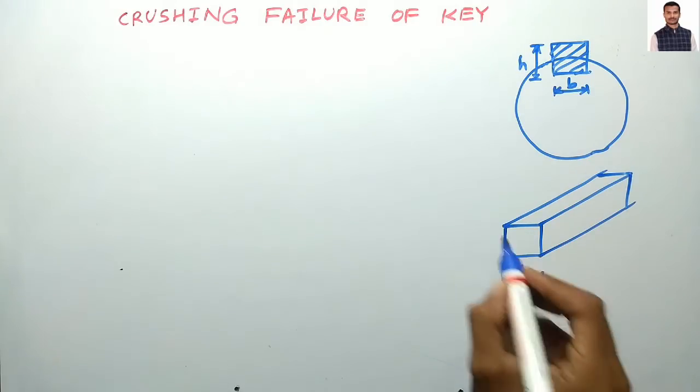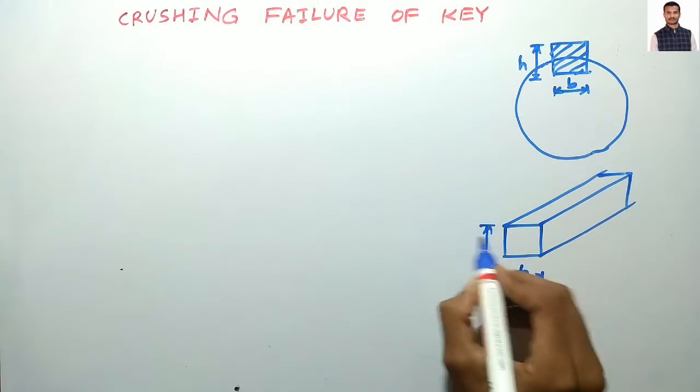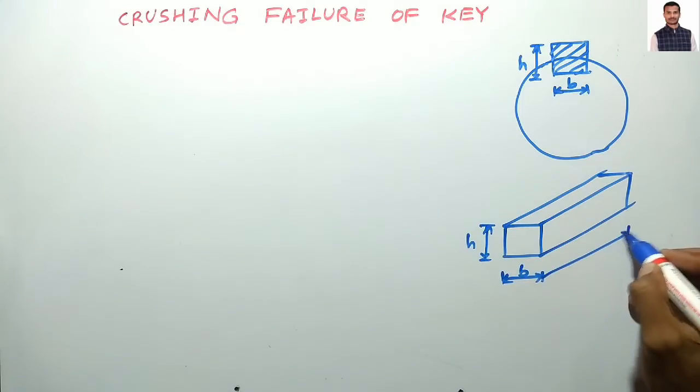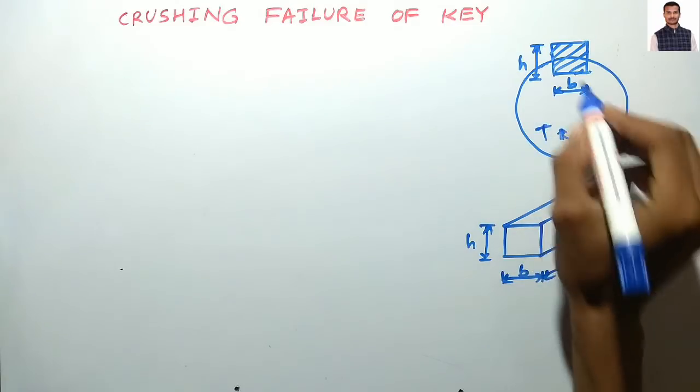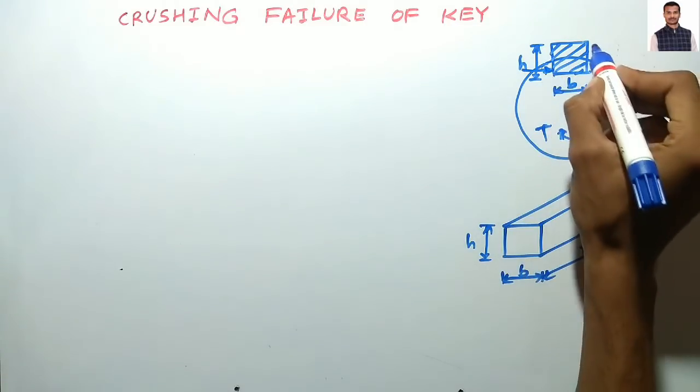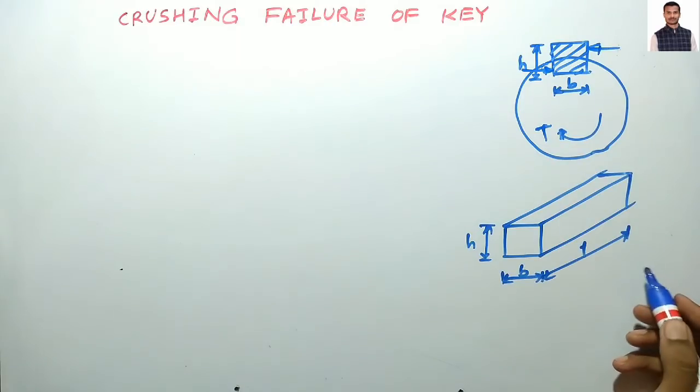So this is width of key B, this is height H, and this is length L. This is torque. So this is P, here is P.